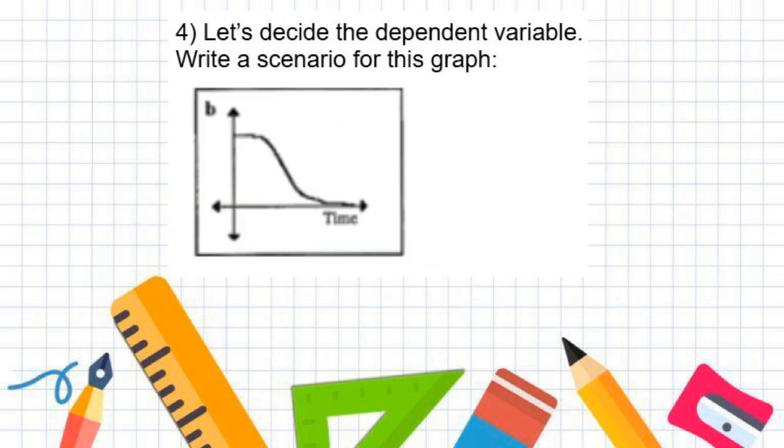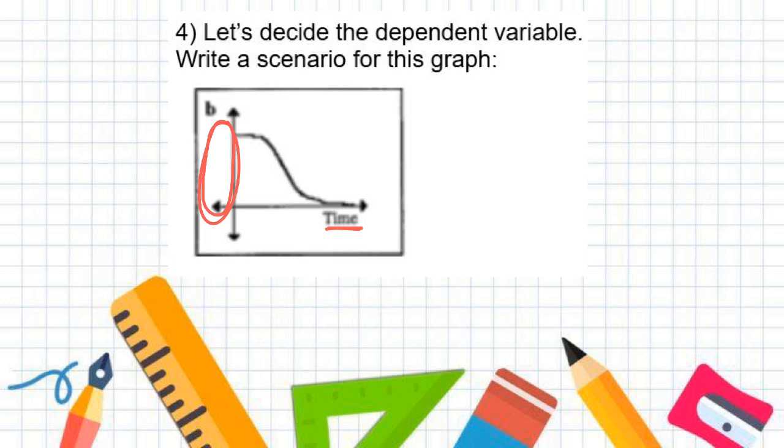Question number 4 is very similar. The first thing that we're going to want to do is decide our dependent variable. So you have time versus what? Time versus height, time versus money, time versus distance, time versus what?